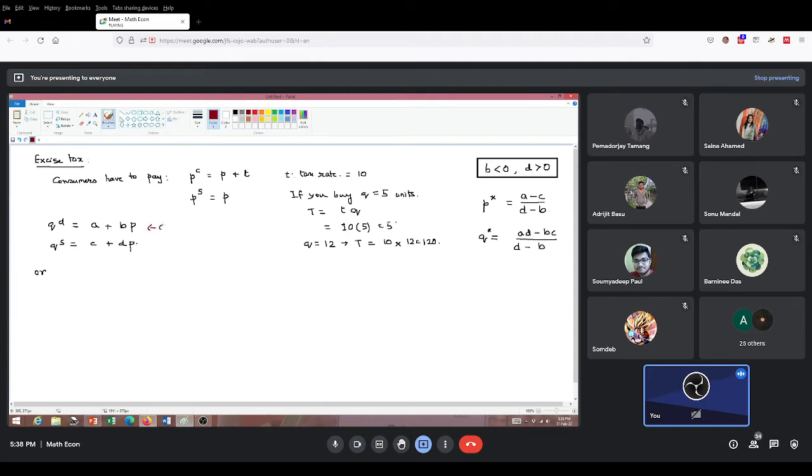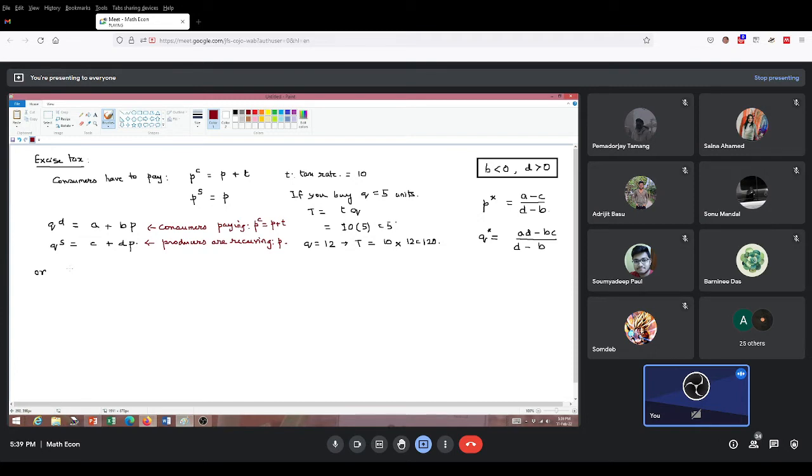This is the price which consumers are paying, so you can say PC, which is equal to P plus t, and this is the price that producers are receiving. Well, they are receiving P plus t, but they are able to keep only price P. Okay.